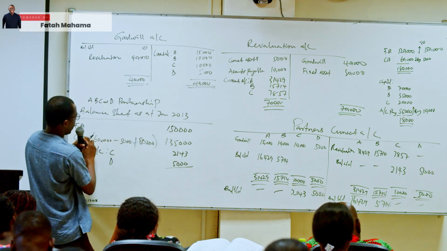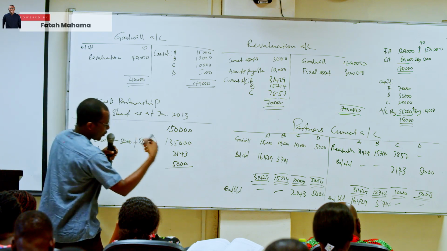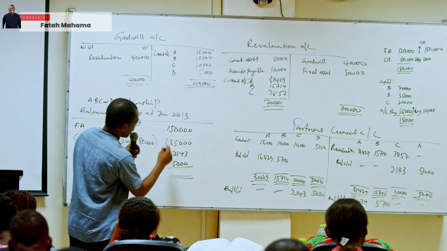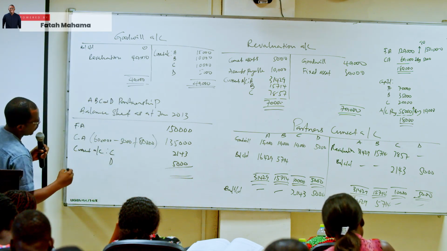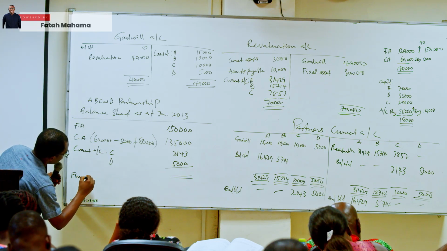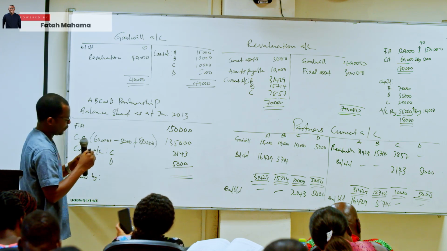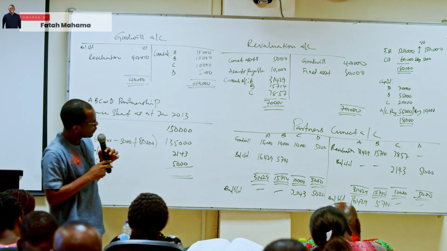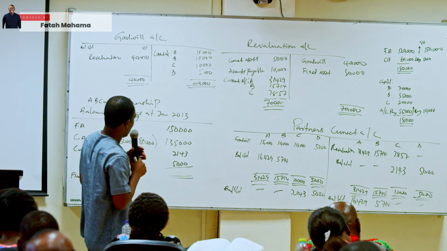You could have added it to the current account as well if you want the current asset. If you wanted to do that, there's no problem, but I just want to show it differently. So now I will go to somebody, add for me, financed by, what do you get?